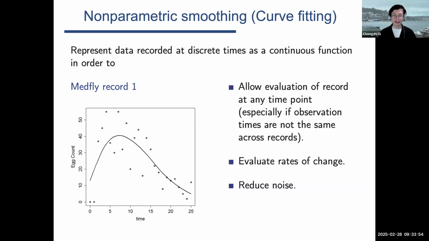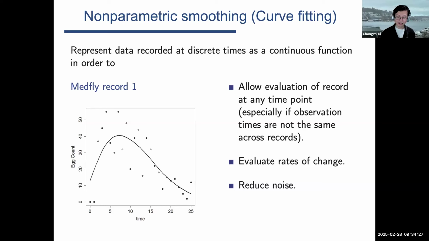So the first part is, for each individual and with all the measurements, let's try to fit a smooth curve. There are actually many different methods to do that in the statistical literature. I know some of you have probably used some of those in your analysis as well. For example, there is kernel smoothing or local polynomial smoothing, and also spline smoothing.